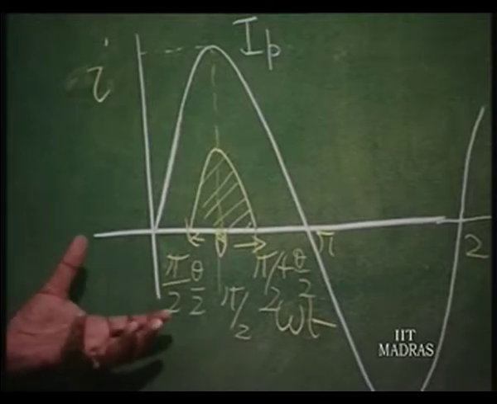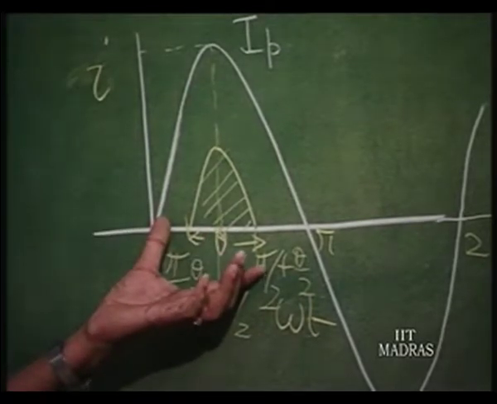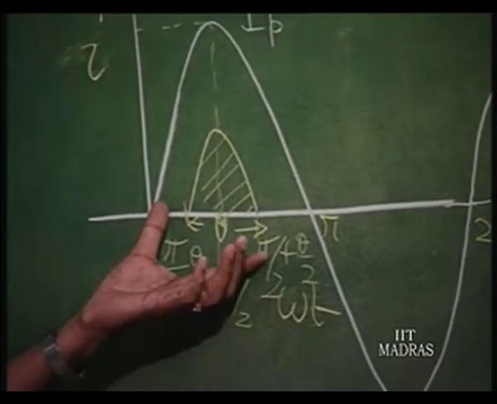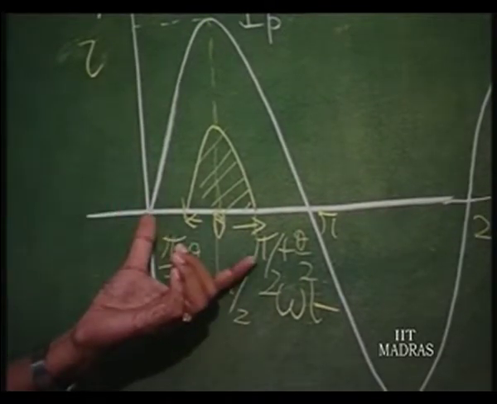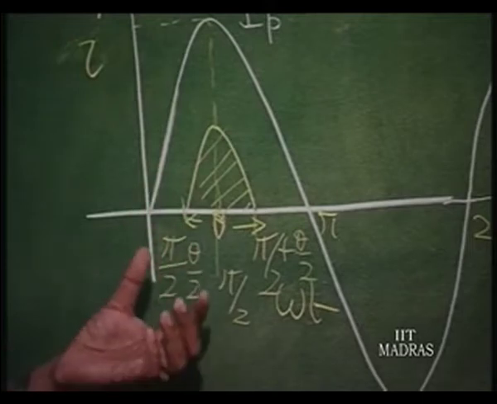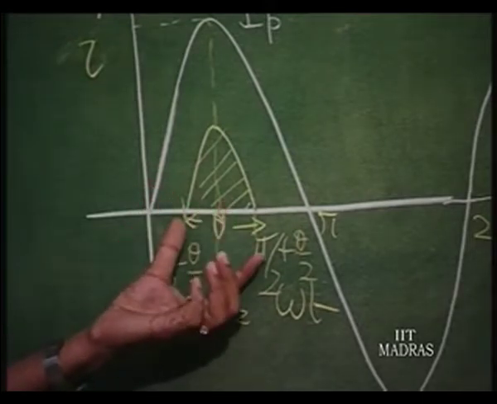So, we can select the wanted component, let us say the fundamental, by putting a band pass filter at the fundamental frequency, so that all the other harmonics are rejected, only the fundamental component is selected.